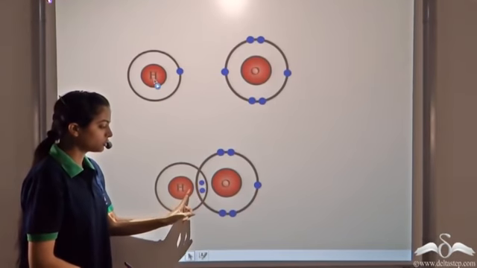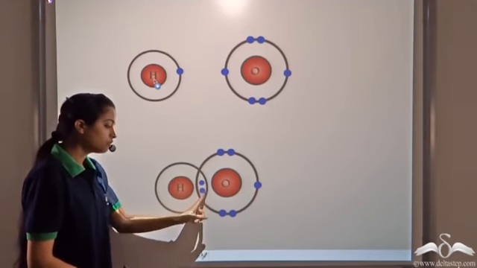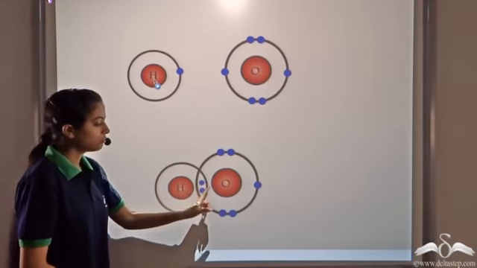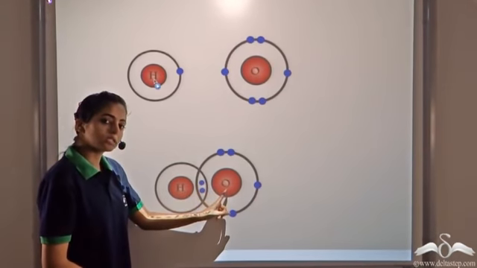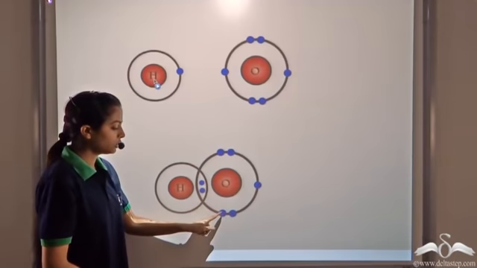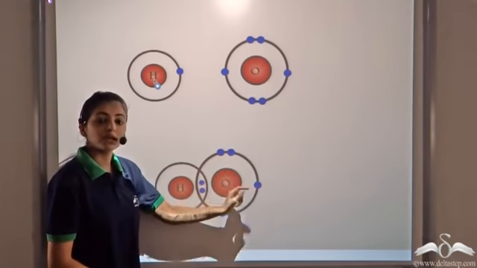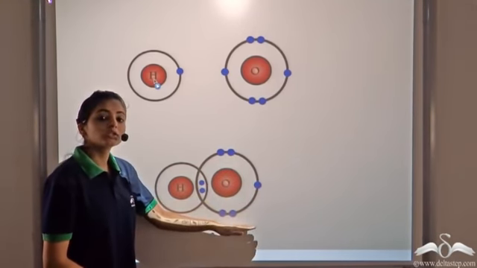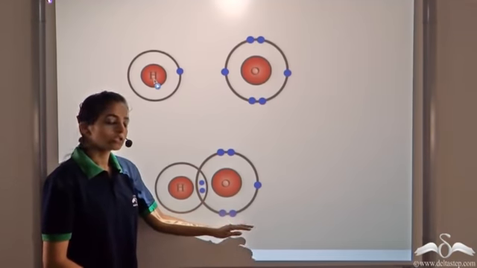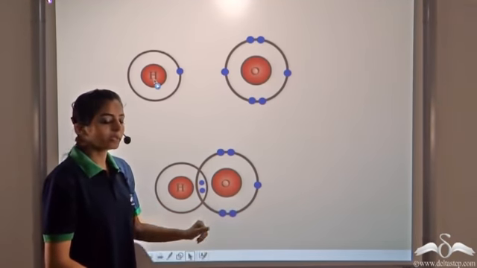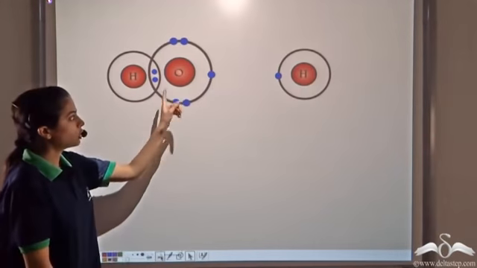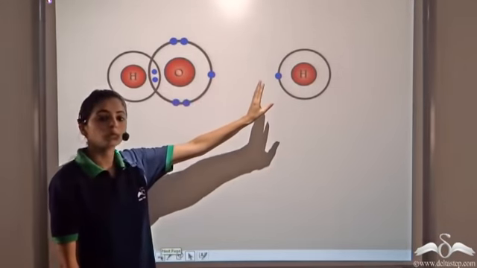So you'll see that hydrogen now has a duplet structure, which is the stable form for hydrogen. But if we count the number of valence electrons in oxygen now, we have 1, 2, 3, 4, 5, 6, 7. So now oxygen is not satisfying the octet rule. So it's not stable. So in order to become stable, oxygen needs 1 more electron.